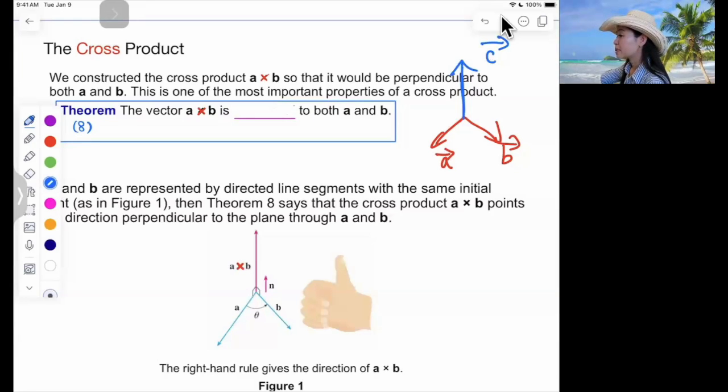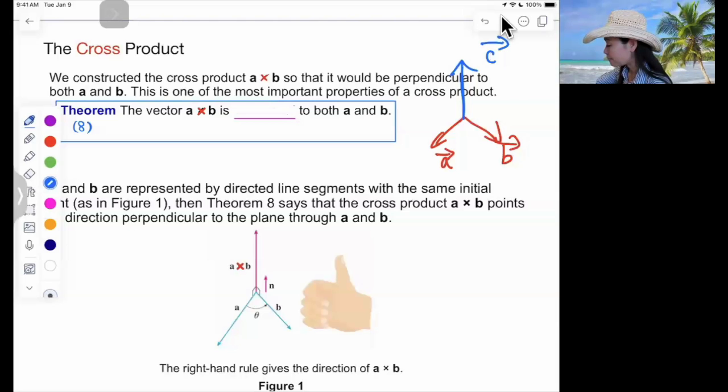It's going to be orthogonal to both A and B. So the theorem here says the vector A cross B is, what do you think I should put here? Orthogonal. Okay, orthogonal. Or say perpendicular. But I think it's better to say orthogonal.